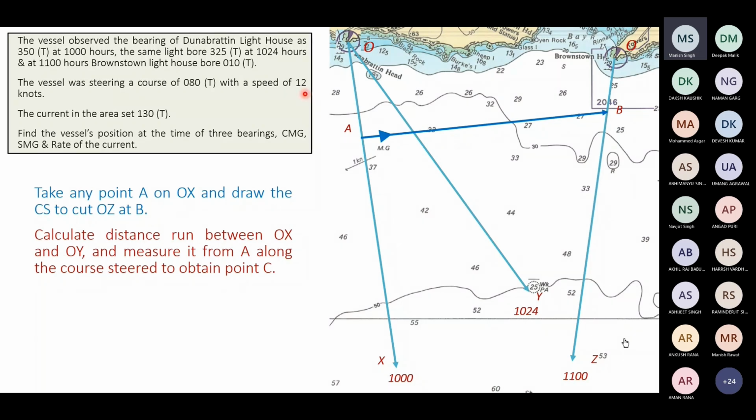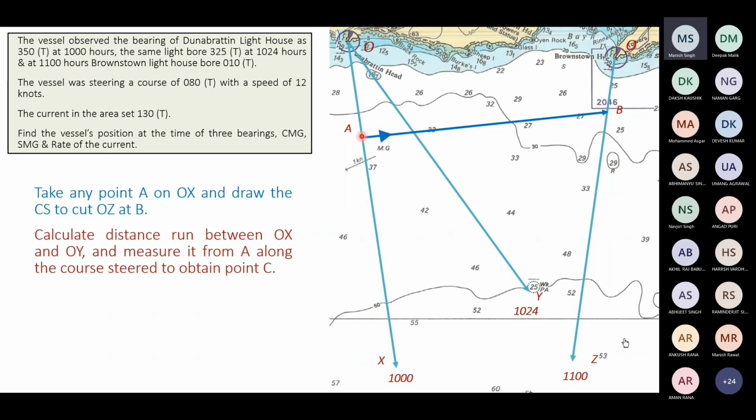I have to find out how much engine distance I will cover between 1000 and 1024. So I find out my engine distance for 24 minutes, and once I have it, I will mark this engine distance on the line AB.